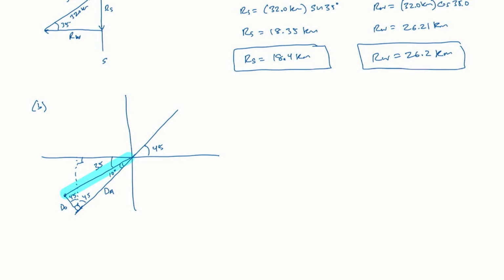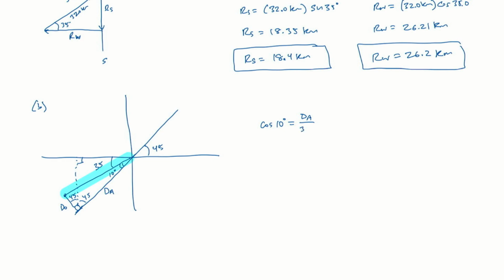All right, and so now we're going to concentrate on that 10 degrees. So we can take the cosine of the 10 degrees, and we're going to get the adjacent side, which is our adjacent displacement, so what I'm calling dA, over the original r.